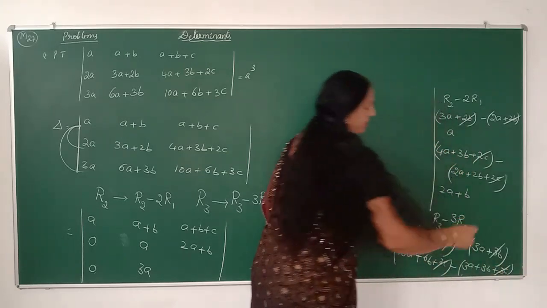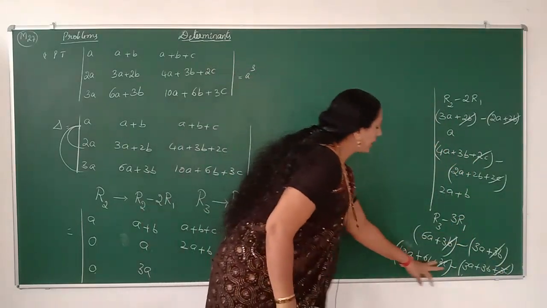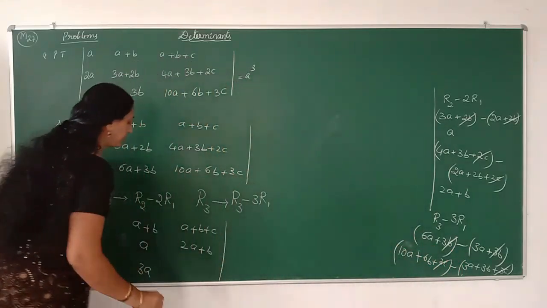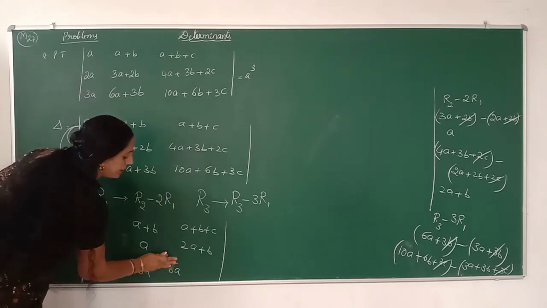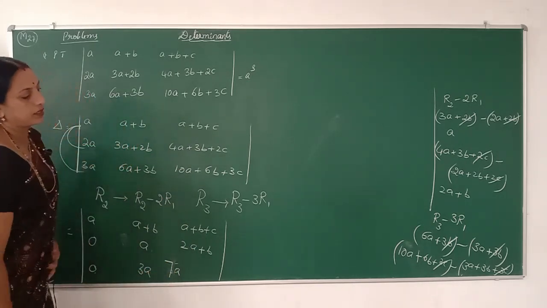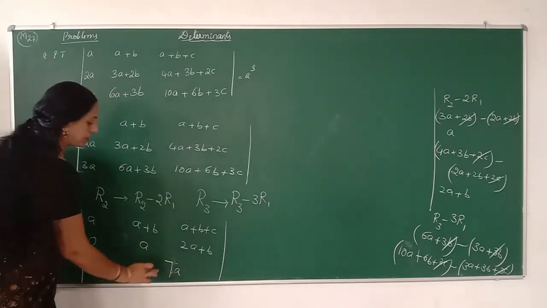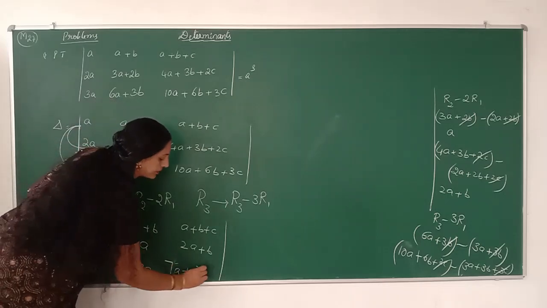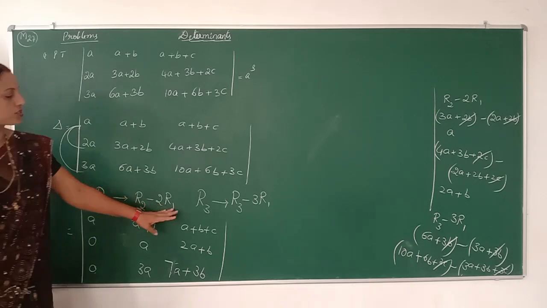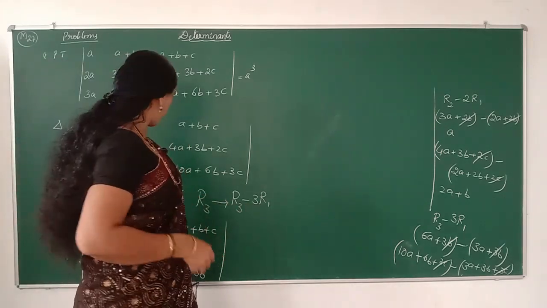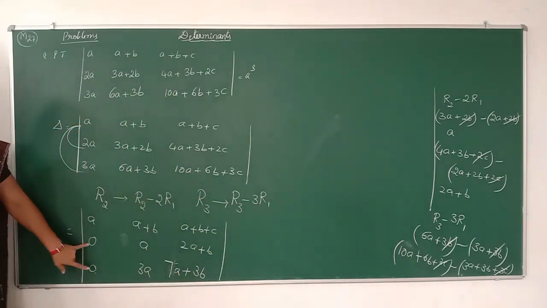Again 3c minus 3c cancels. 10a minus 3a is 7a, and 6b minus 3b is plus 3b. That is the result of R2 minus 2 times R1 and R3 minus 3 times R1. So the first two elements of the first column are nothing but 0.